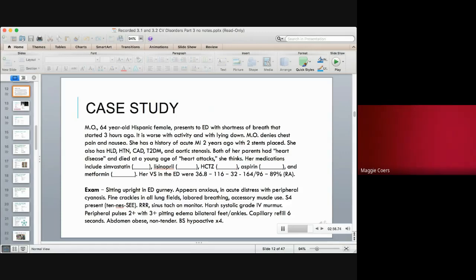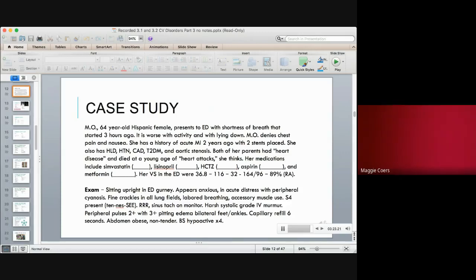All right, so a couple of takeaways from this exam and from taking her history: she has respiratory problems, but she's also got a lot of congestion in her periphery along with poor perfusion, right? She's got that edema. She has the murmur and the S4.